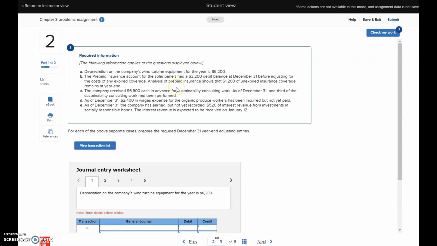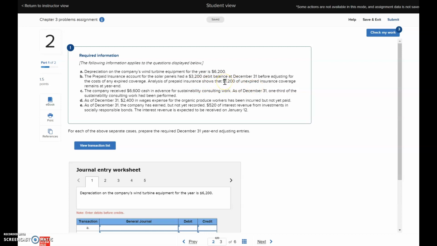However, for prepaid insurance, they tell you that it had a $3,200 debit balance before adjusting. So that's your unadjusted balance. Okay, so at one point in time, you had paid for $3,200 of insurance ahead of time. They say they analyzed the prepaid insurance and showed that $1,200 was unexpired.